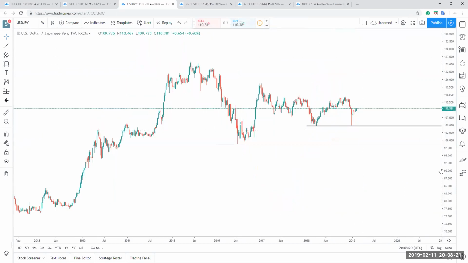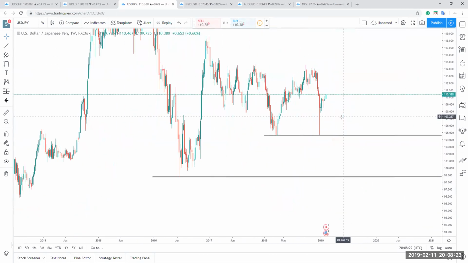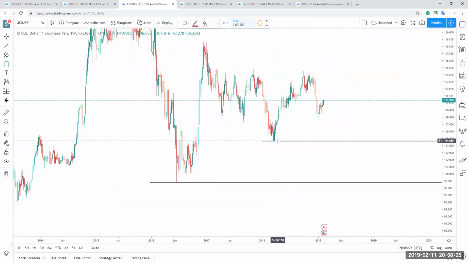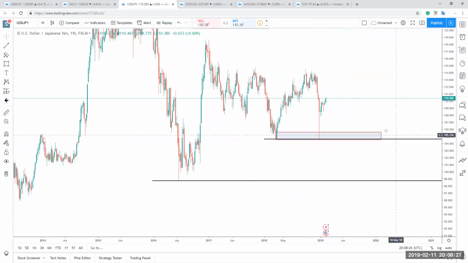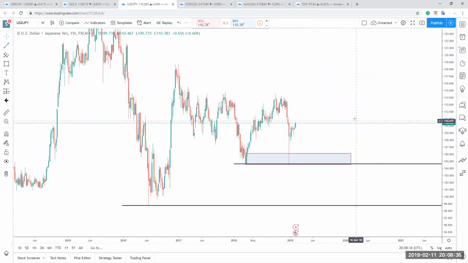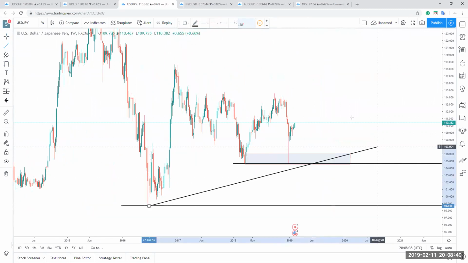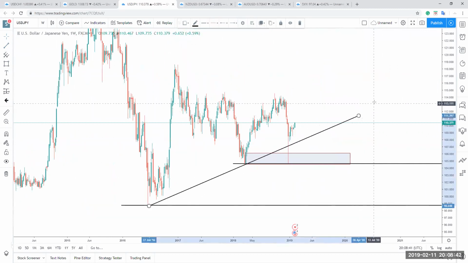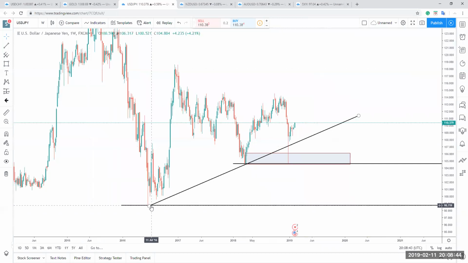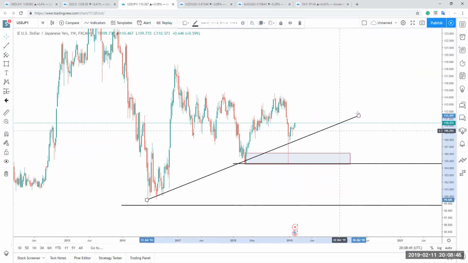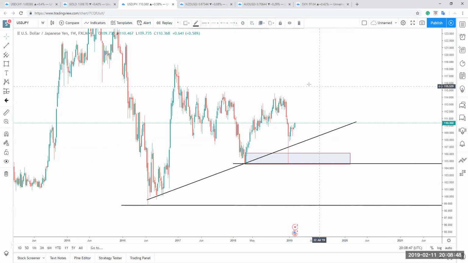Weekly time frame. Let's see. Yeah, so for me, this was literally just banks getting more orders in, and manipulated hard. Trend line would be that.